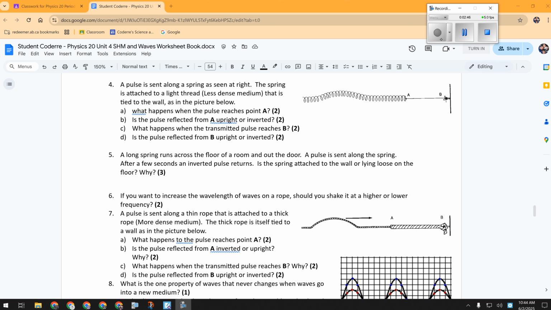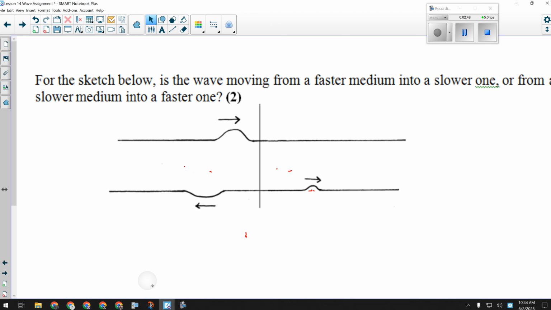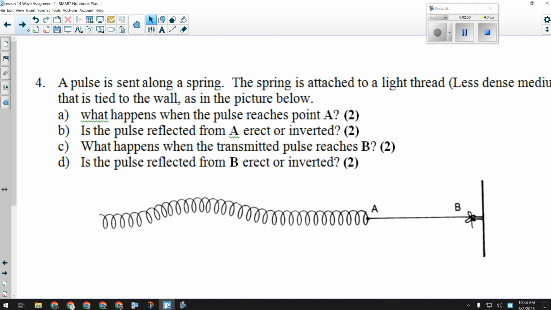Let's look at a few of these here. For this one, which medium would be easier for the wave to travel in, the slinky or the string? String, way lighter, way less dense, so that would definitely be the faster medium. When the wave gets to A and reflects back, is it going to be upright or inverted?